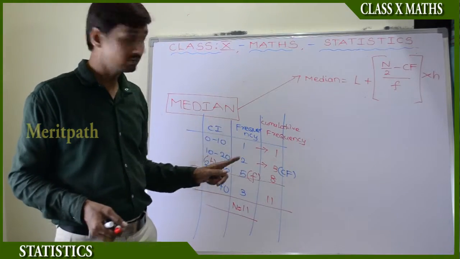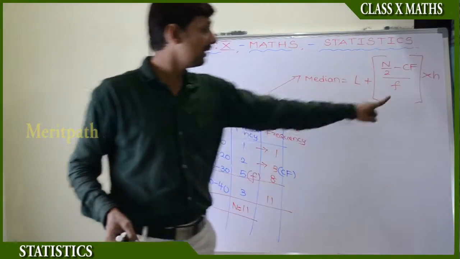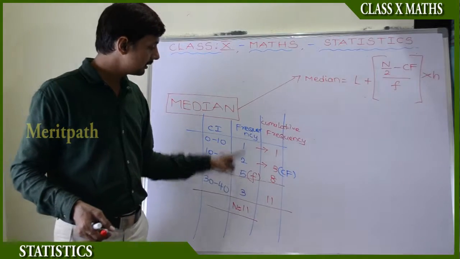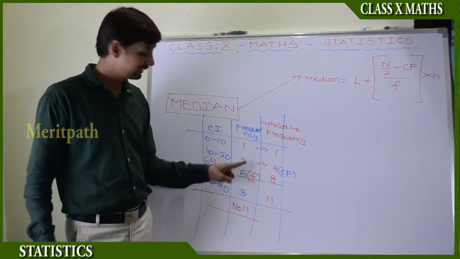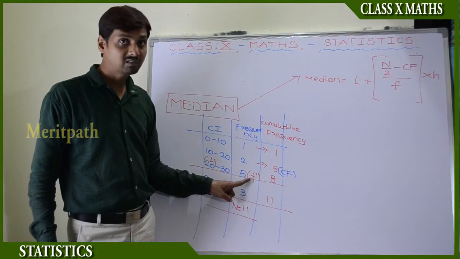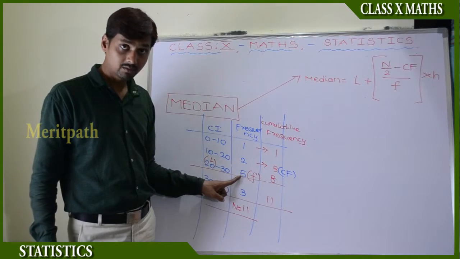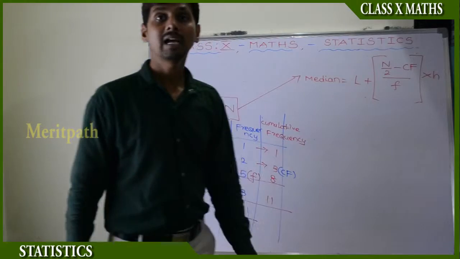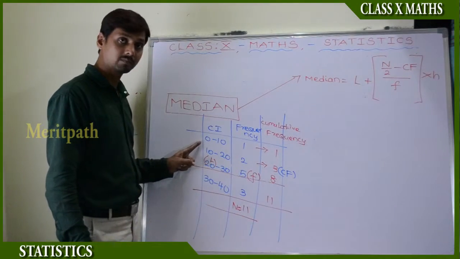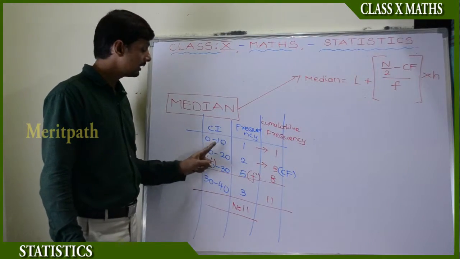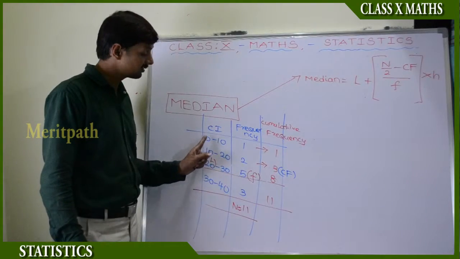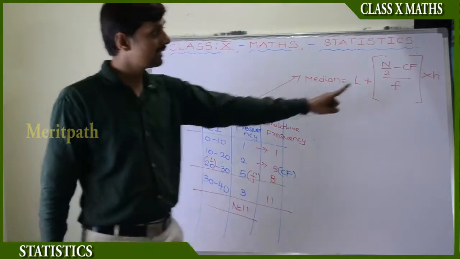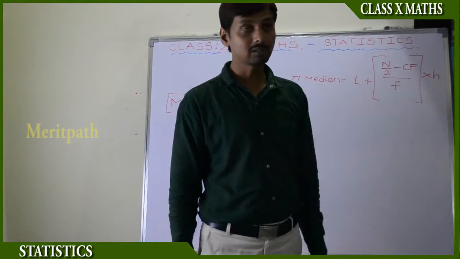Divided by small f, which is the highest frequency, that is 5, into h. h is nothing but the class interval, 0 to 10. So we are taking h as the class interval.